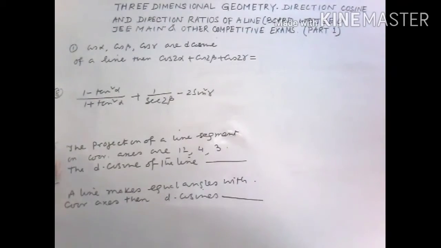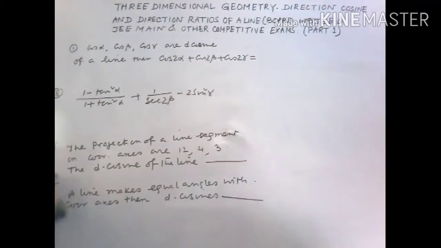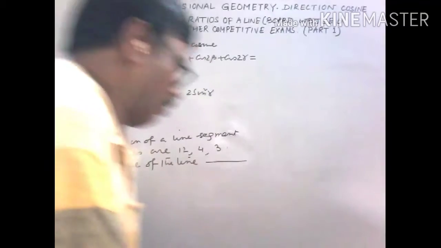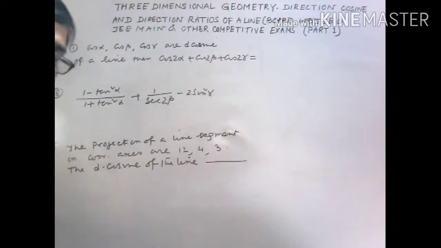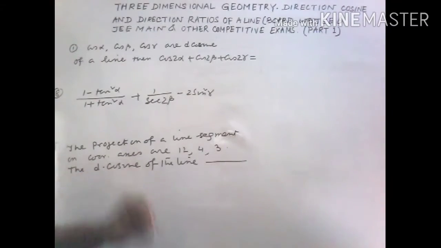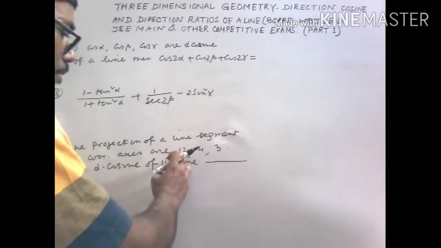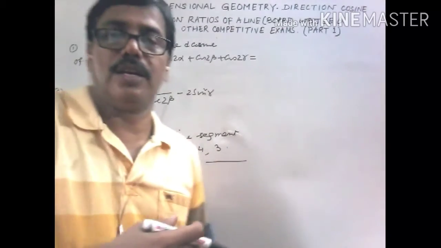Problem number 17. The projections of a line on the coordinate axes are 12, 4 and 3. Then find the direction cosines of the line. Projections are given as 12, 4 and 3.